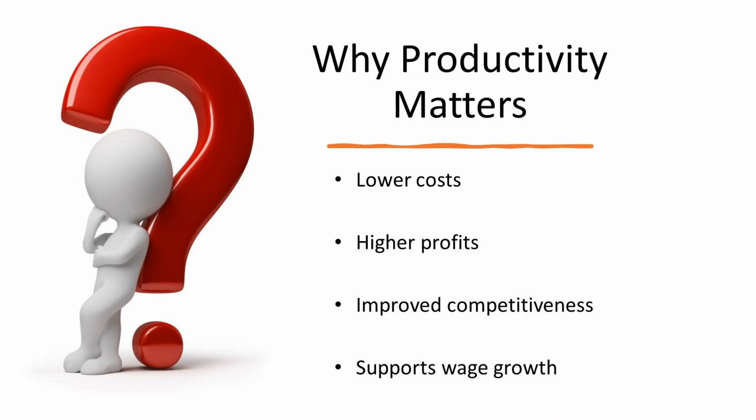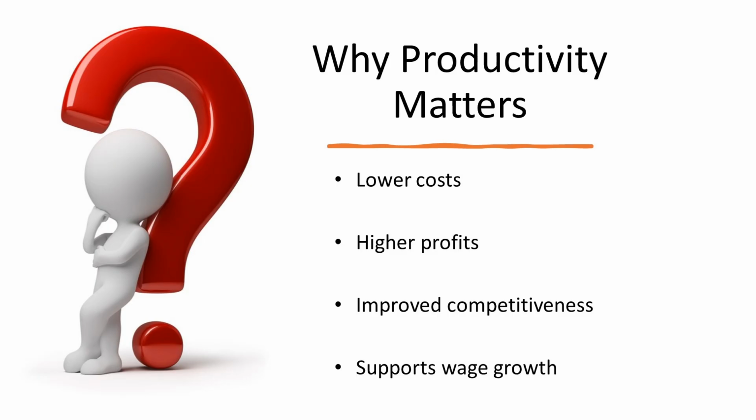Why productivity matters? High productivity is essential in any production environment because it directly influences the organization's ability to meet customer demand while controlling operational costs. When productivity is high, the business can produce more output using the same or fewer resources.